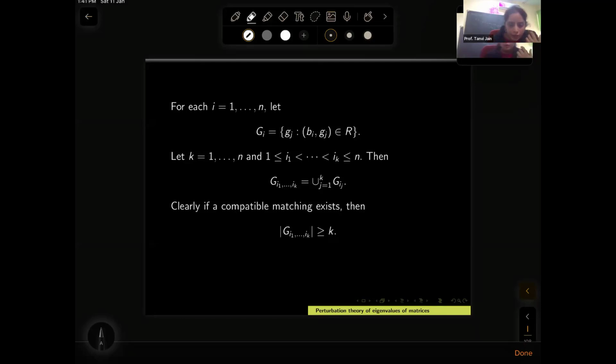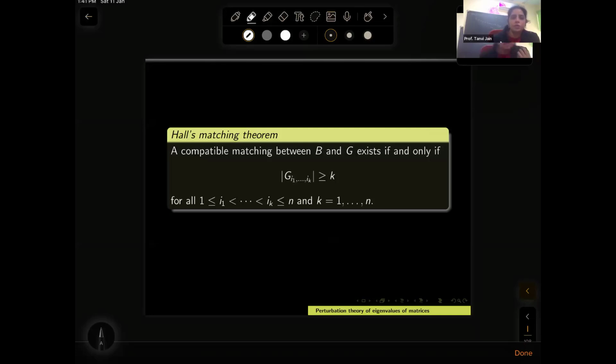What is remarkable is Hall's matching theorem. Those who are not even in matrix theory, but have done a basic course in graph theory or combinatorics, would have definitely looked at this result. It is again a remarkably simple result, Hall's matching lemma or theorem, that tells me that the condition we said is necessary, and it's easy to see that it's necessary, is also sufficient.